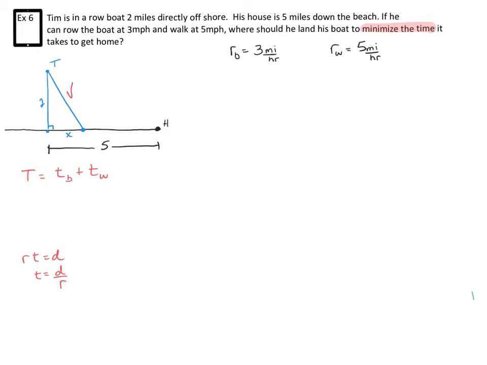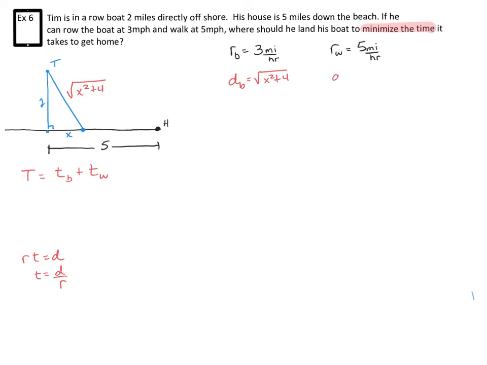So this will be the square root of x squared plus 4, because obviously x squared plus 2 squared equals hypotenuse squared. And of course, to take the square root of that, that's going to give me the distance in the boat. So we can write now that the distance in the boat is going to be the square root of x squared plus 4.